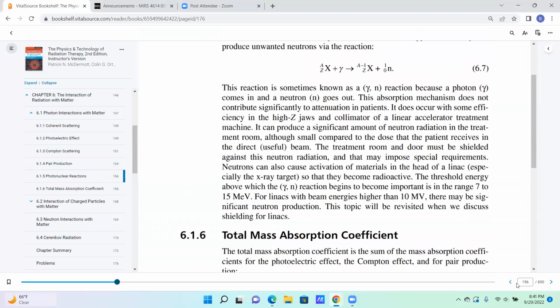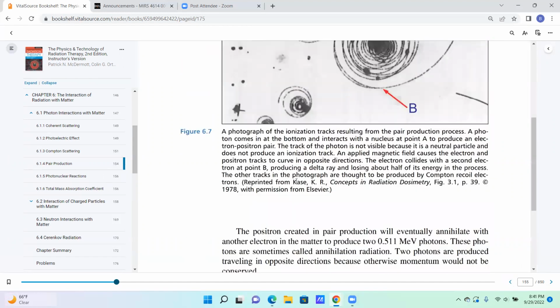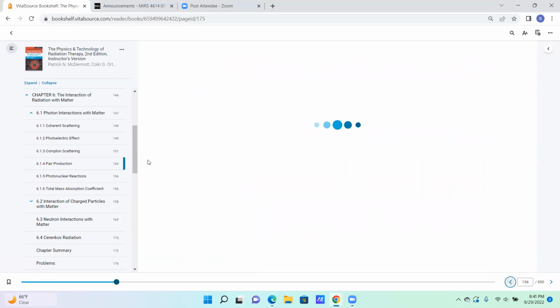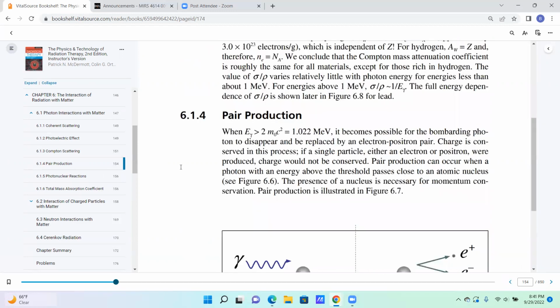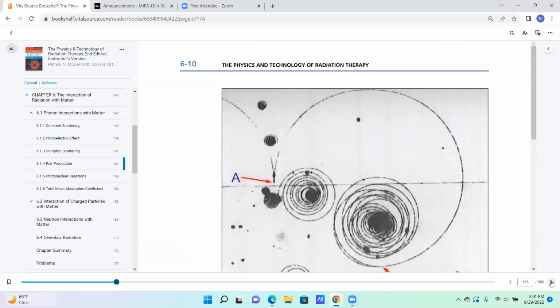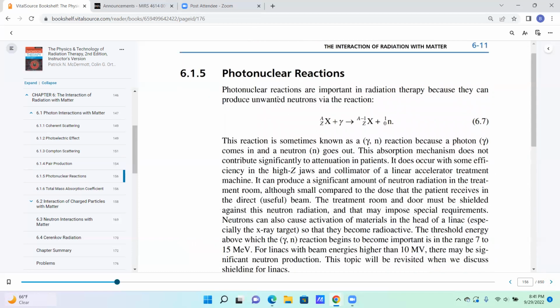Now, the pair production, again, remember, is one of those cases in which the photon is coming in and interacting not with an electron, but instead a nucleus. It's just getting close, and this is what happens. Kind of weird that way, but that's where we are.